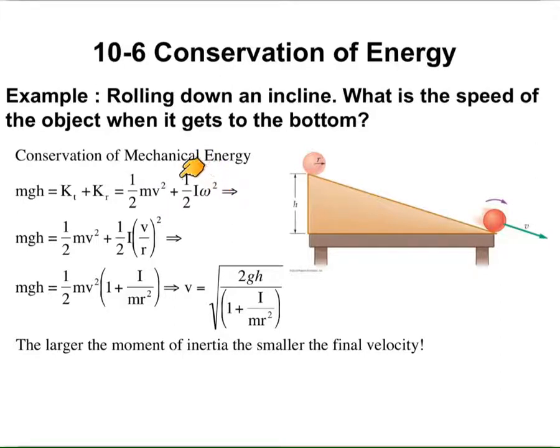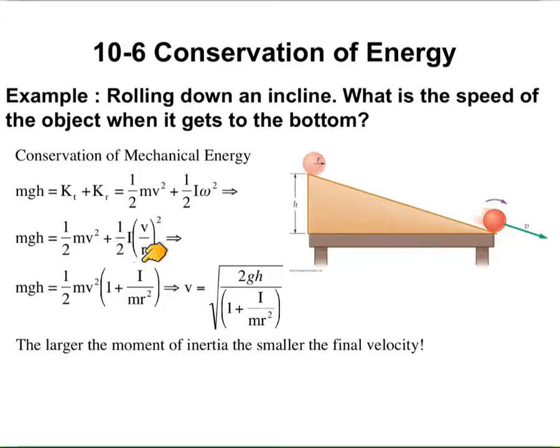I have to add this rotational kinetic energy term. But I can express this omega in terms of v, because it's rotating with the same radius. The radius is not changing. Instead of omega, I can put v divided by r.